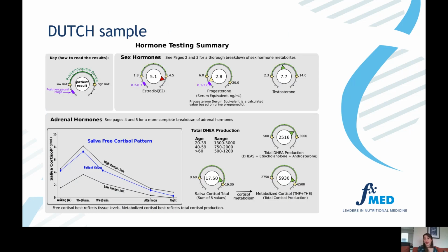This is a DUTCH sample, looking at the front page, the first section. I wanted to show you what this looks like when you open up the test. We're going to see levels of estradiol measured here, as well as progesterone and testosterone. On this test, we can see that estradiol is high, so the estrogens are high for this person, and progesterone on the day of this test is quite low, outside of the range.